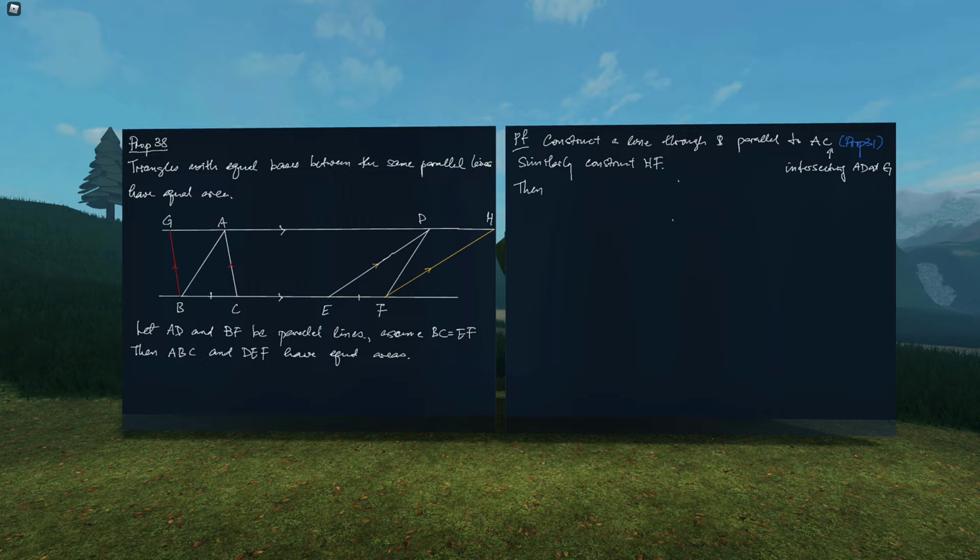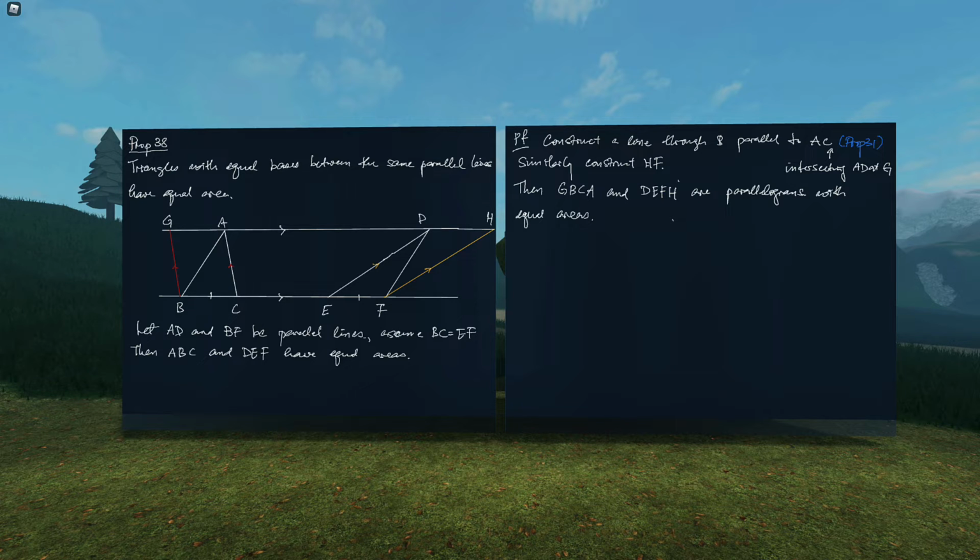Okay, then we have some parallelograms because these are now intersections of pairs of parallel lines, so we know straight off that they're parallelograms. So the first parallelogram, GBCA, and the second parallelogram, DEFH, are parallelograms firstly, and moreover with equal areas, because they are parallelograms between two parallel lines with equal bases.